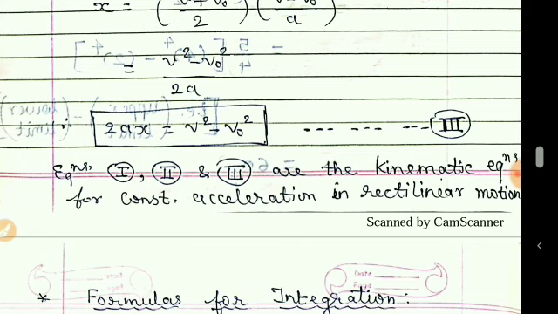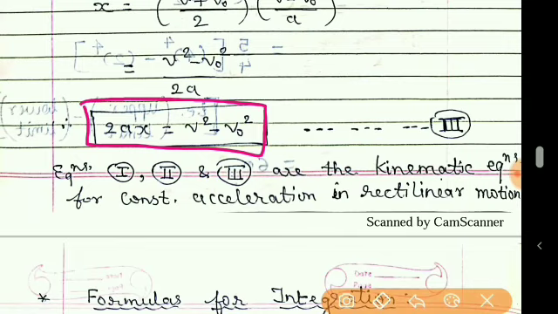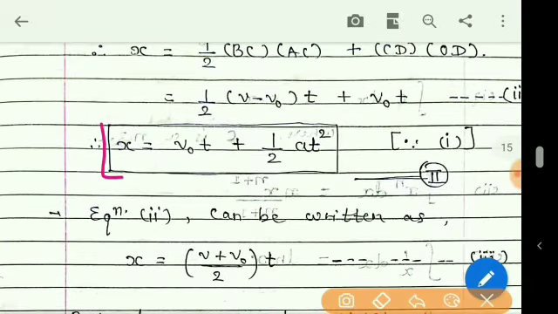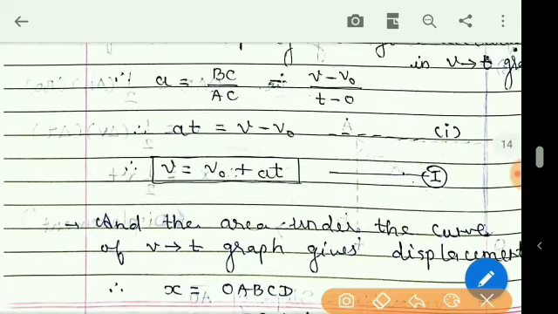If in future you are not able to remember this process of obtaining the kinematic equations, then it's okay, but it is required for you to remember all these equations: equation number 3, then equation number 2, and equation number 1. All these three equations are widely used.